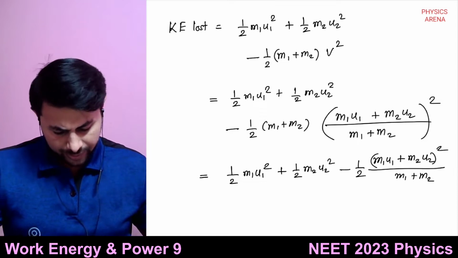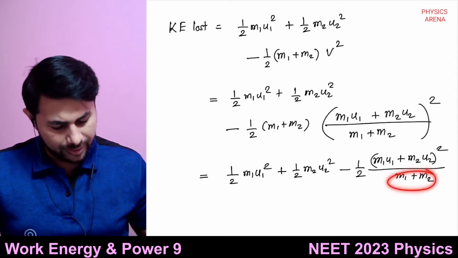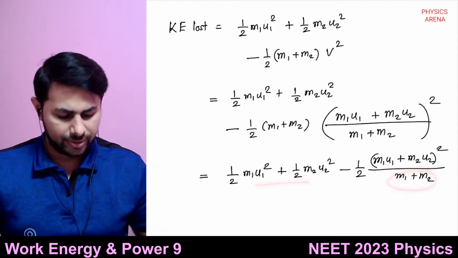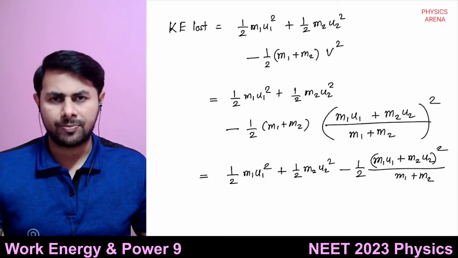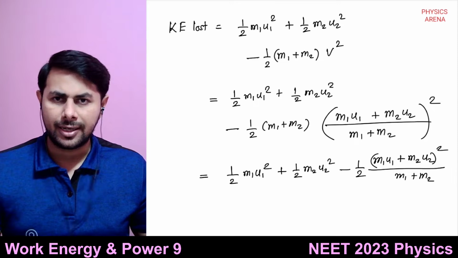Then we can make the denominator the same. We multiply these two terms with m1 plus m2 and divide by m1 plus m2.